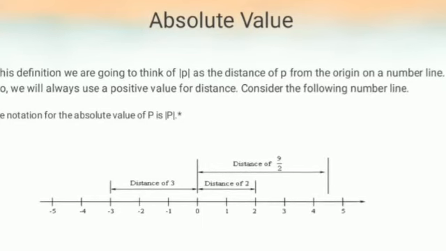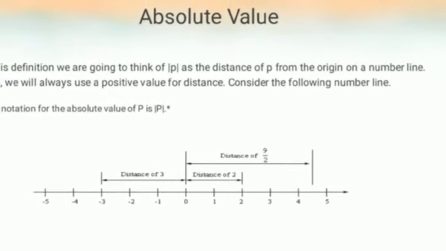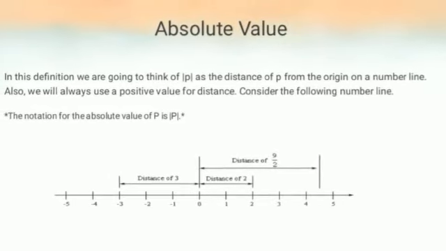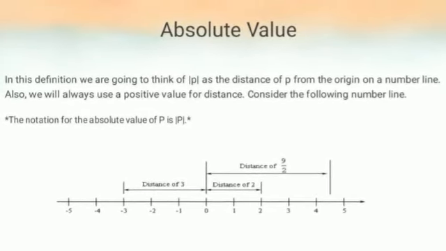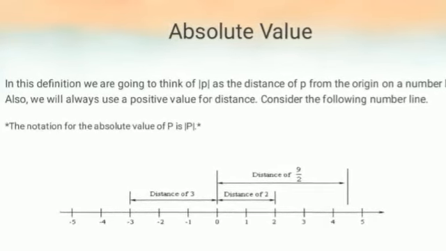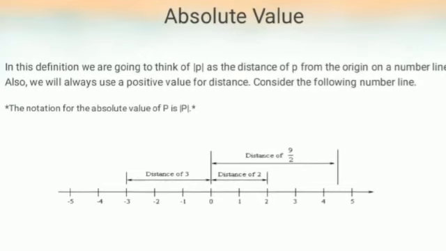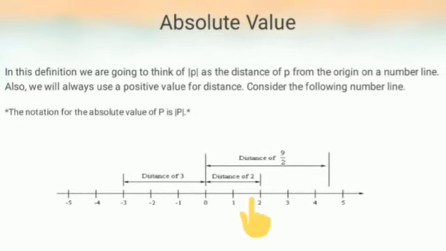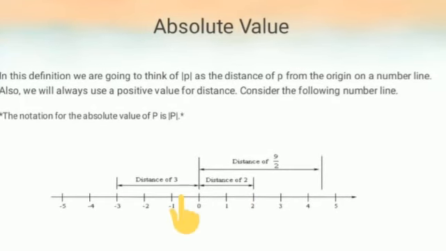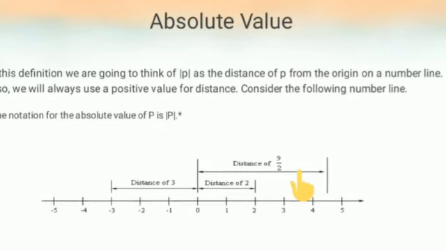Consider the following number line. The notation for the absolute value of P is |P|. From this, we can get the following values of absolute value. |2| equals 2. |-3| equals 3. |9/2| equals 9/2.